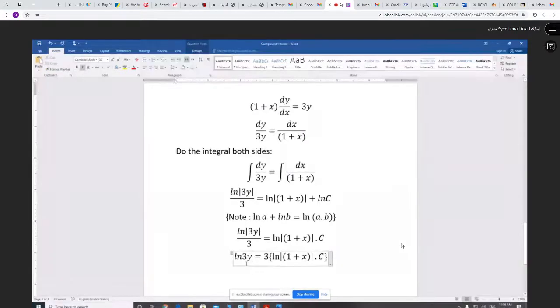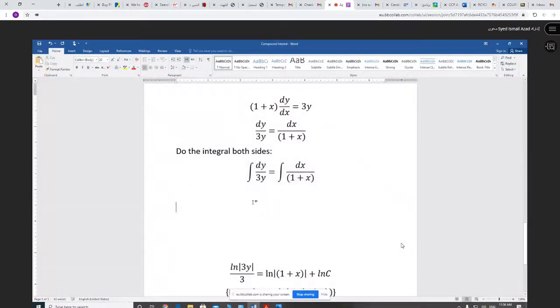Excuse me, Doctor. How ln 3y? Yes. How ln 3y? How does 3 become part of the integral? I know this is a constant and it will be taken out. Then, wait, dy over y, teacher, how much is it? It will be ln y, not ln 3y. Yes, Doctor.